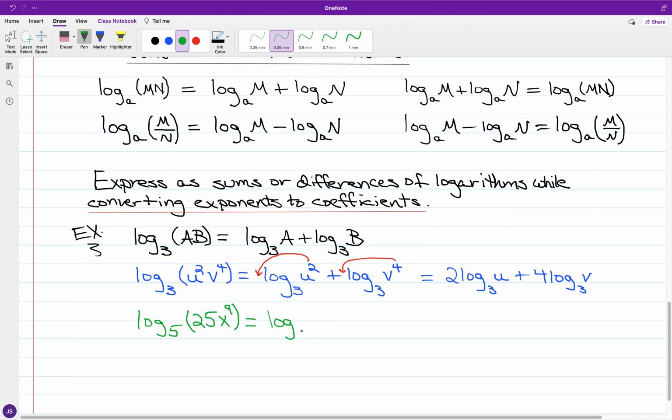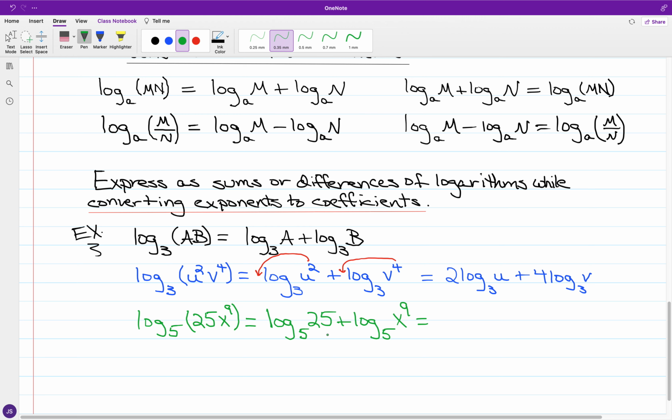I have a base 5 logarithm of 25, and I have plus the base 5 logarithm of x to the 9th. Now again, the 9 is going to become a coefficient.